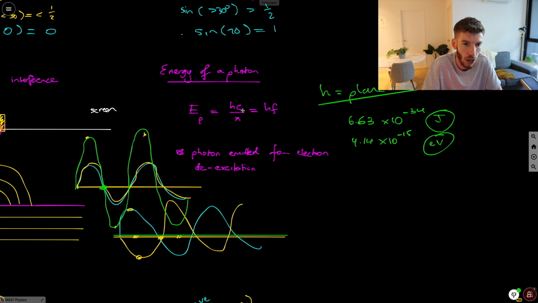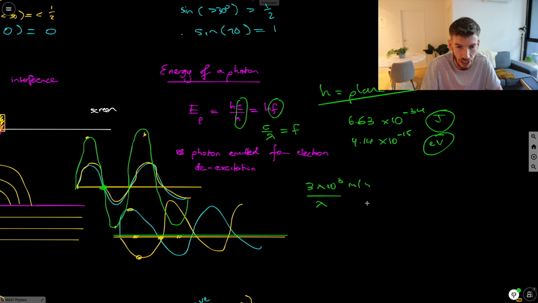Cool. And now why is hc on lambda equal to hf? That would imply, looking at a bit of proportionality, c over lambda would be f. Then they must be equivalent. The h's can cancel. So if we think about that, c was 3 by 10 to the 8 meters per second over lambda, which is some number of meters.